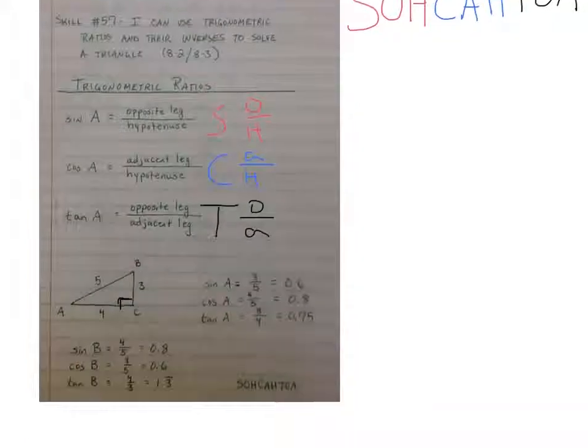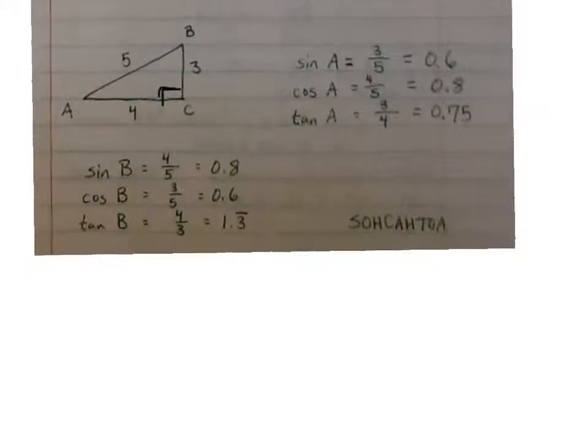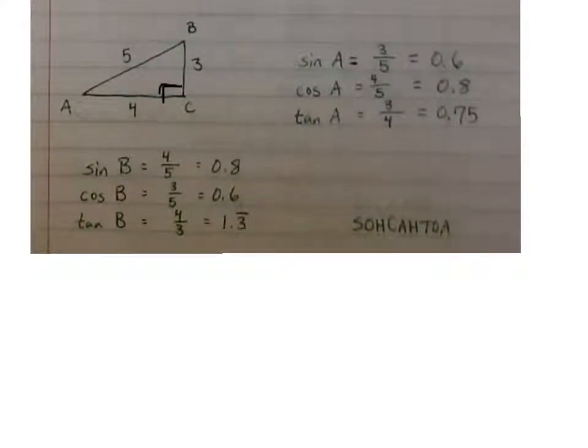If we scroll down further, I've given another example for angle B. So we can find sine, cosine, and tangent of any angle. For angle B, we know that sine is opposite over hypotenuse, so the opposite of B is 4, and the hypotenuse is 5, so sine B is 4/5.